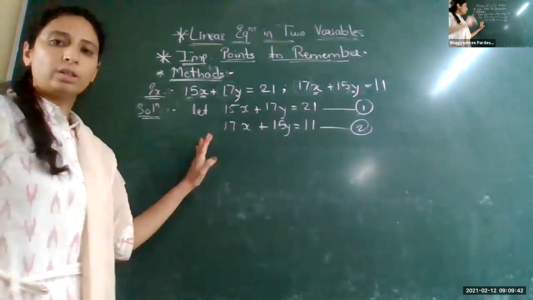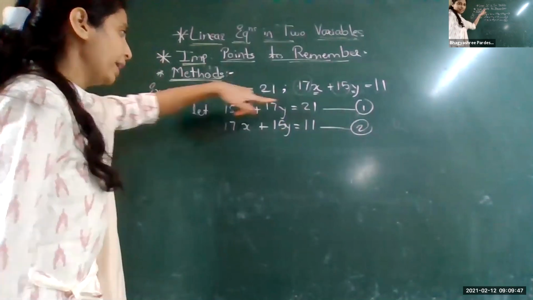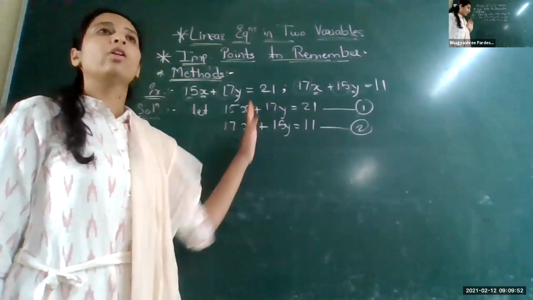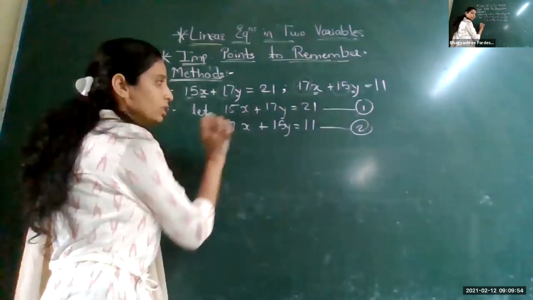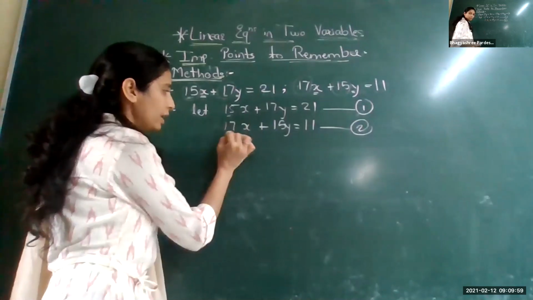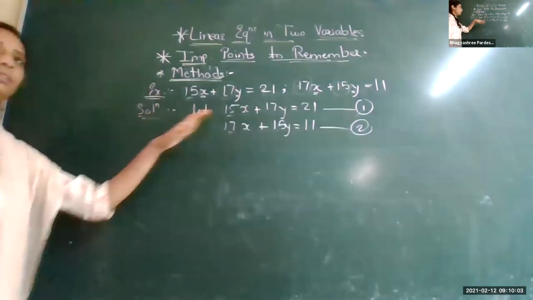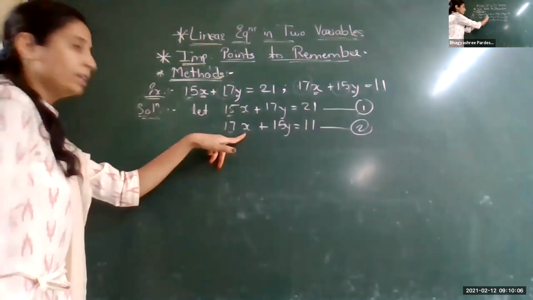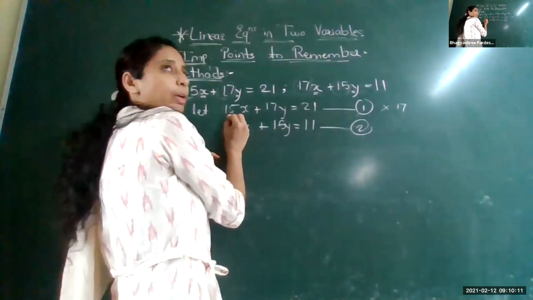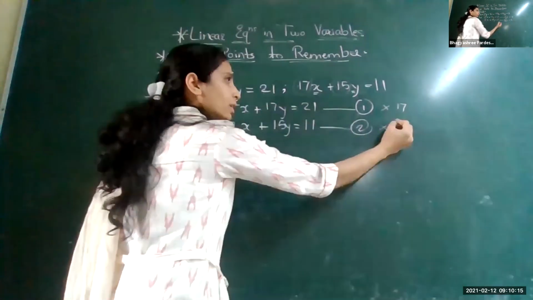In one method, students, we make the coefficients of either x or y the same, and then we simply add or subtract so that one of the variables gets cancelled. If I have to cancel x, then I will multiply equation 1 by 17, because here is 17, and multiply equation 2 by 15.